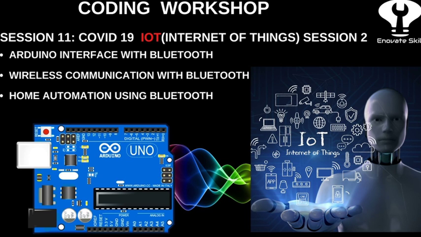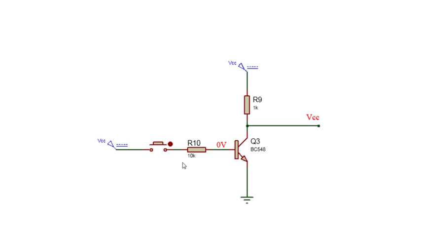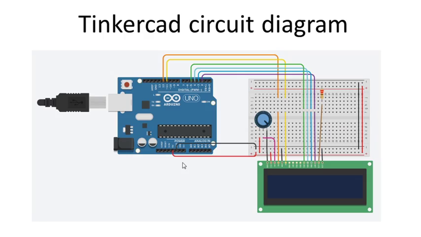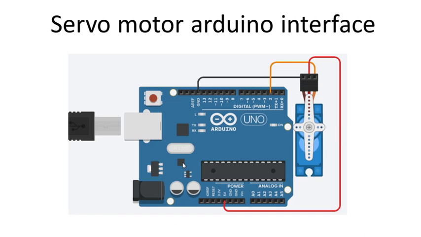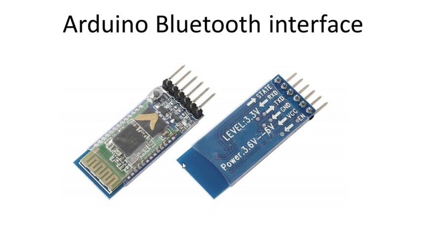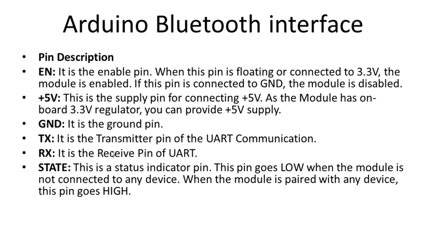So let's get started. First of all we will understand what a Bluetooth module is and how we can use it for our applications. A Bluetooth module is a wireless communication device. We can use it for some specific applications.